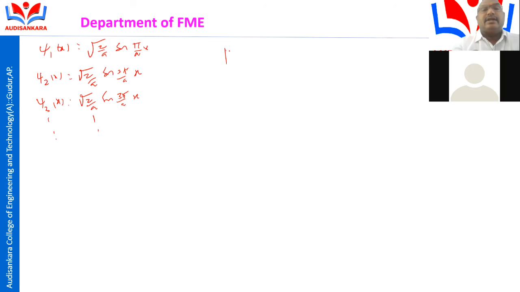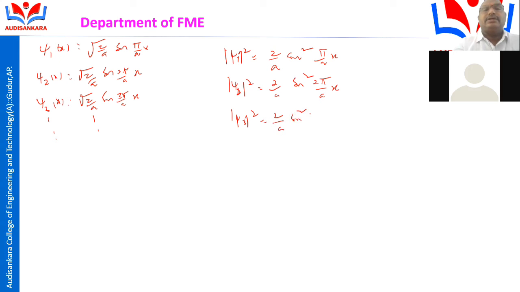Like mod psi 1 square is equal to 2 by a sin square n pi by a into x, with n equal to 1 substituted. Mod psi 2 square is equal to 2 by a sin square 2 pi by a into x. Mod psi 3 square is equal to 2 by a sin square 3 pi by a into x.